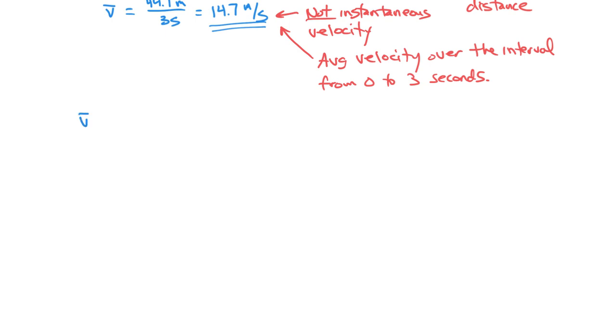So this V naught or V bar, this average velocity, is equal to the change in position over the change in time.